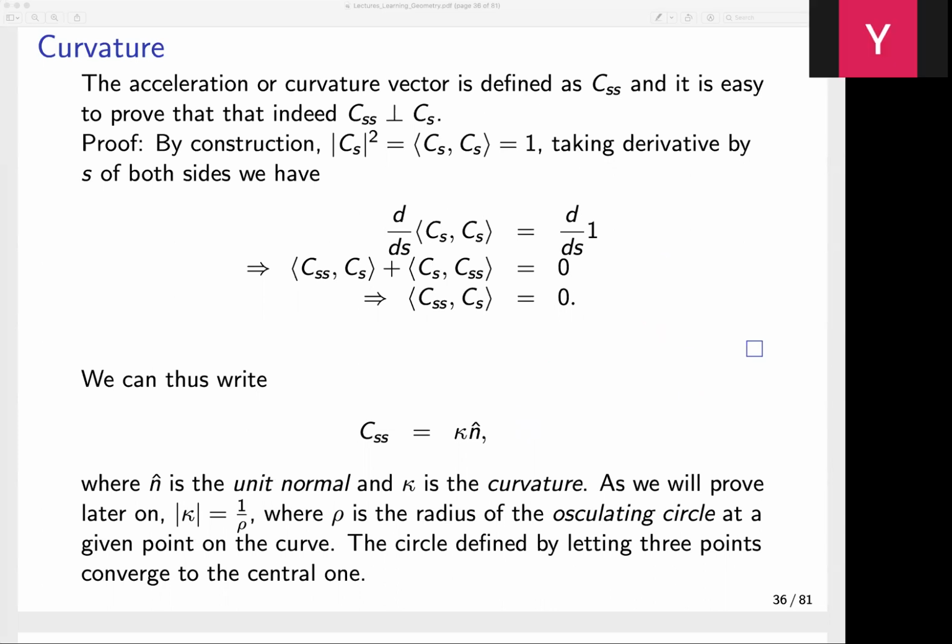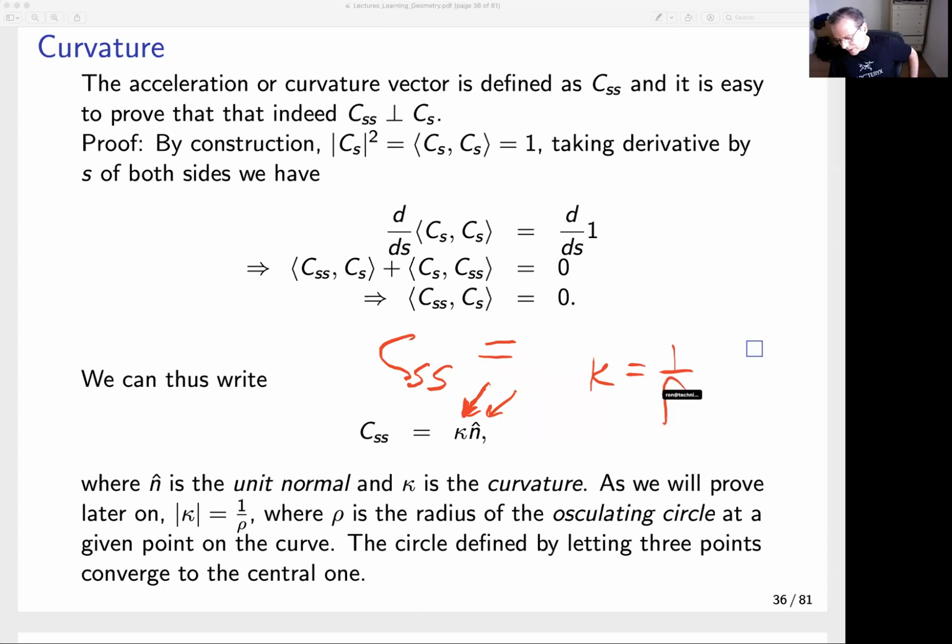Okay, Ronnie, how do you find the rho? I didn't say it. Well, rho is nothing but taking the second order derivative of the length with respect to the arc length, and then looking at the magnitude of this. This would be equal to some scalar in the normal direction. So the scalar kappa would be nothing but 1 over rho.